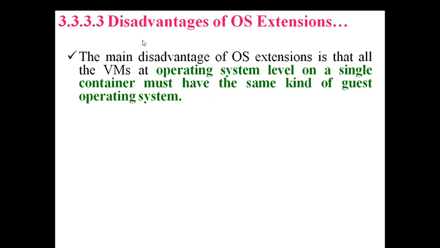The main disadvantage of OS extension is that all VMs at the operating system level on a single container must have the same kind of guest operating system. See, whatever host OS is going to be used should be compatible with the guest OS. Further, we are converting by using the virtual machine monitor.